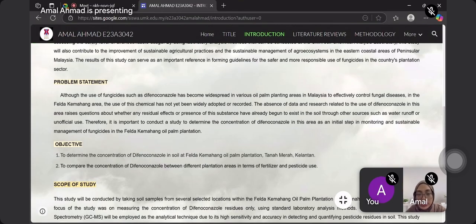There is an absence of data and research related to the use of difenoconazole in this unofficial use. Therefore, it is important to conduct a study to determine the concentration of difenoconazole in this area as an initial step in monitoring and sustainable management of fungicide in the Felda Kemahang oil palm plantation.